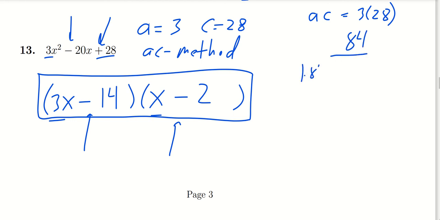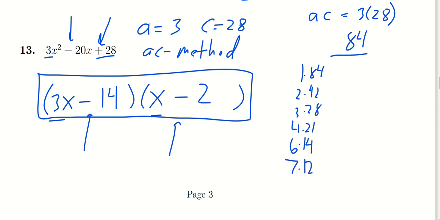They are 1 and 84, 2 and 42, 3 and 28, 4 and 21. 6 does go into it, 14 times. 7 does. 7 goes into it 12 times.